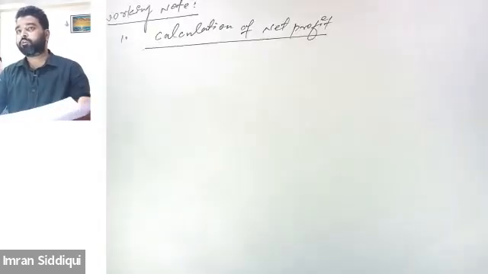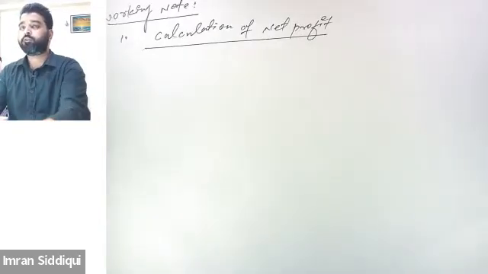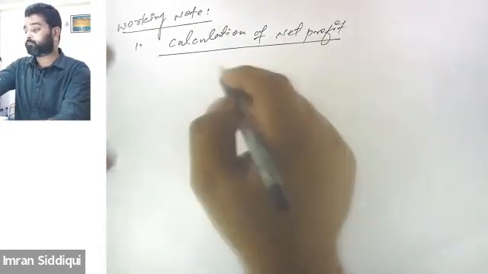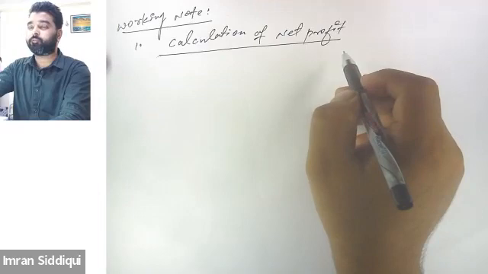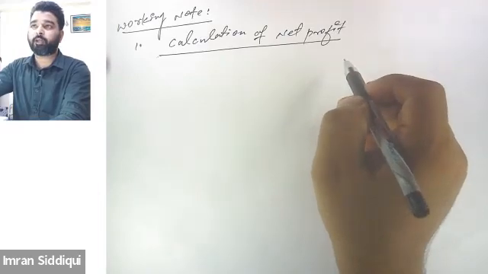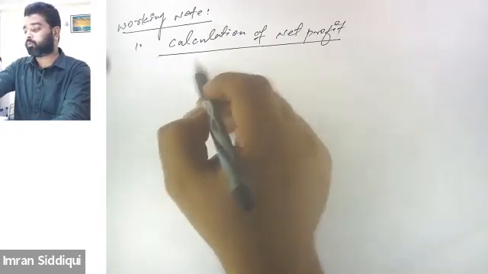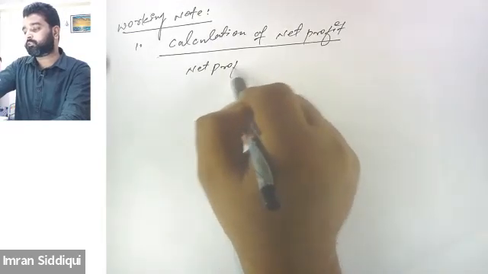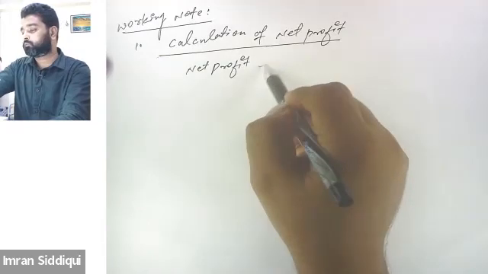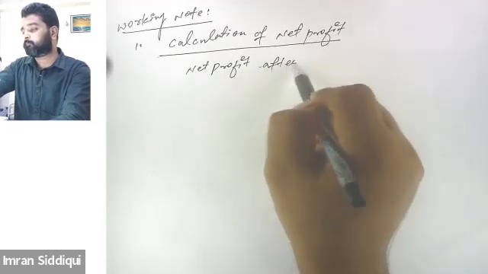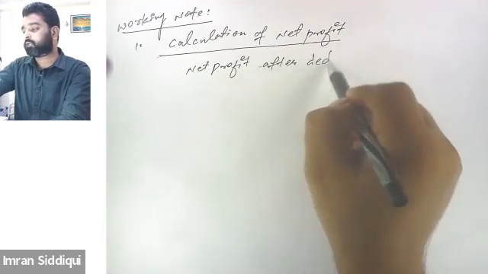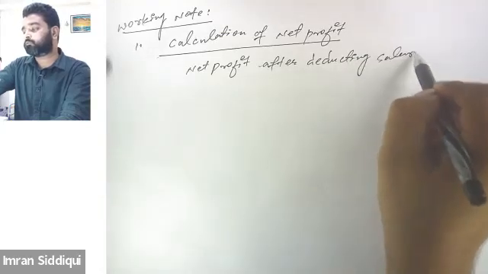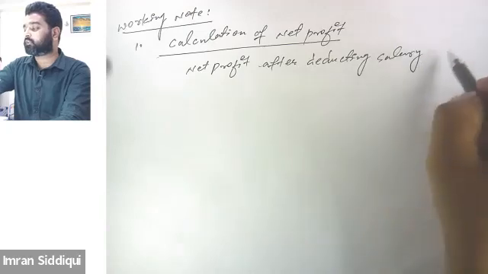So therefore, for finding out the net profit, we will prepare a working note. In this working note, we will be calculating the value of the profit before deducting interest on capital and before salary. So I'll write down net profit after deducting salary, which is given.